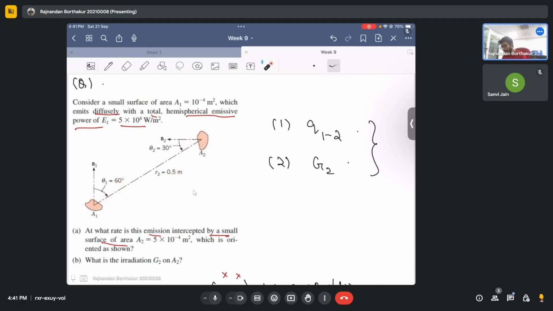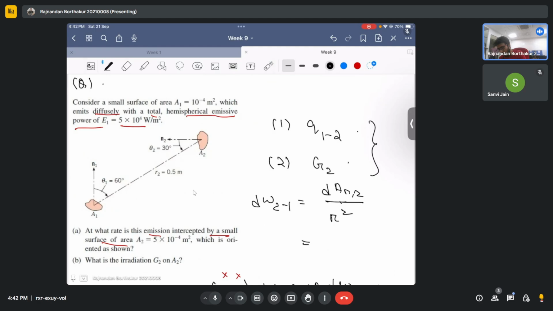Given that we know the orientation of this object 2 from the orientation of 1, can you tell me what this d omega 2 1 is? So d omega 2 1 can be simply written as dAn, that is the normal area, in the direction of this A2, divided by r squared.